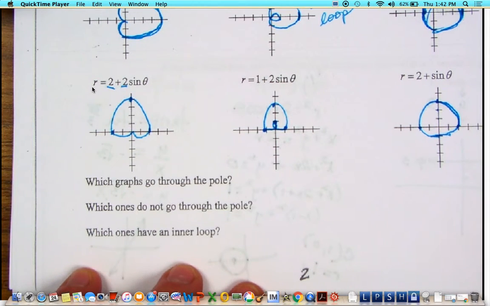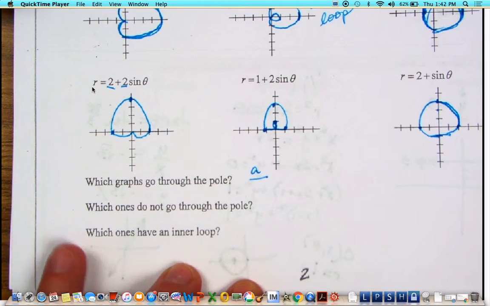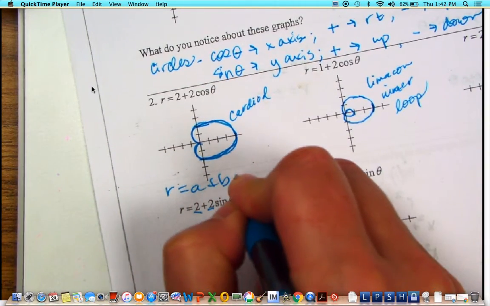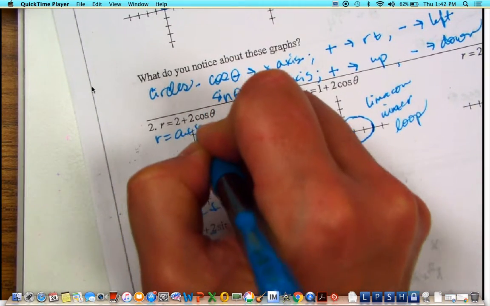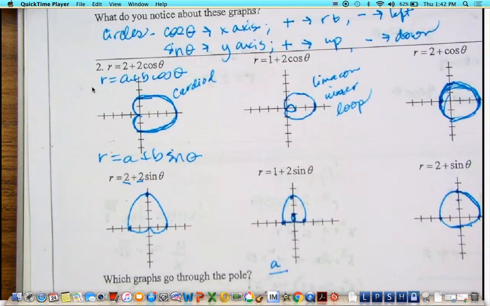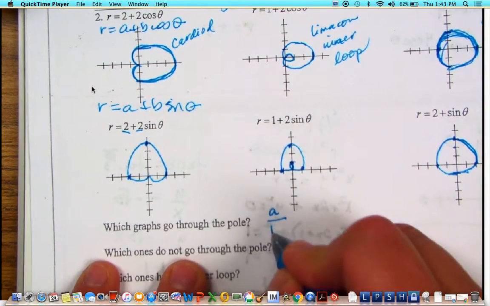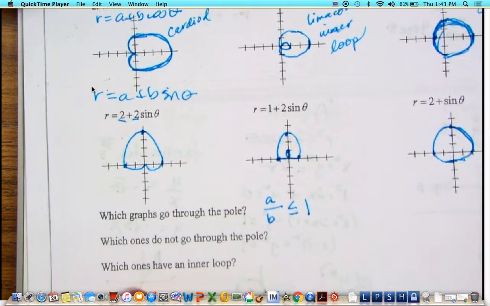Okay, so which graphs go through the pole? These are in the form, by the way, r equals a plus b sine theta, and r equals a plus b cosine theta. I don't know what you remember about that, but if a over b is less than or equal to 1, it goes through the pole.